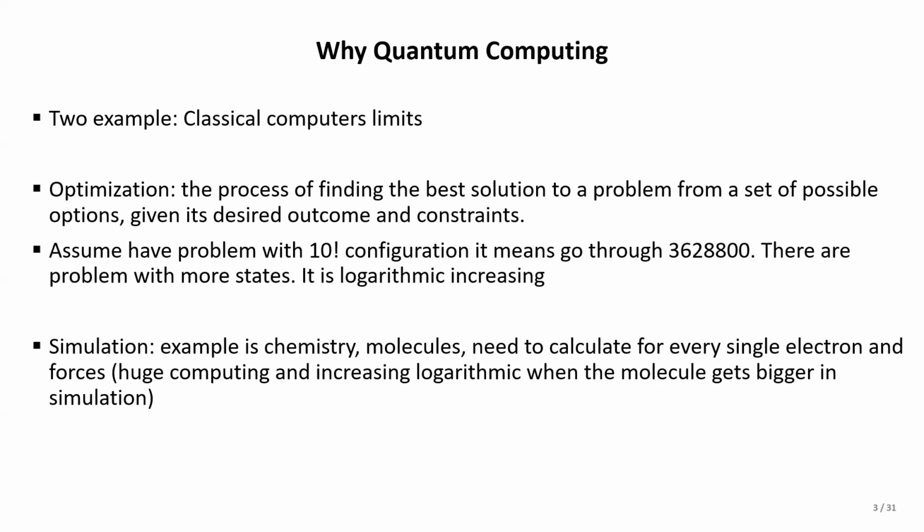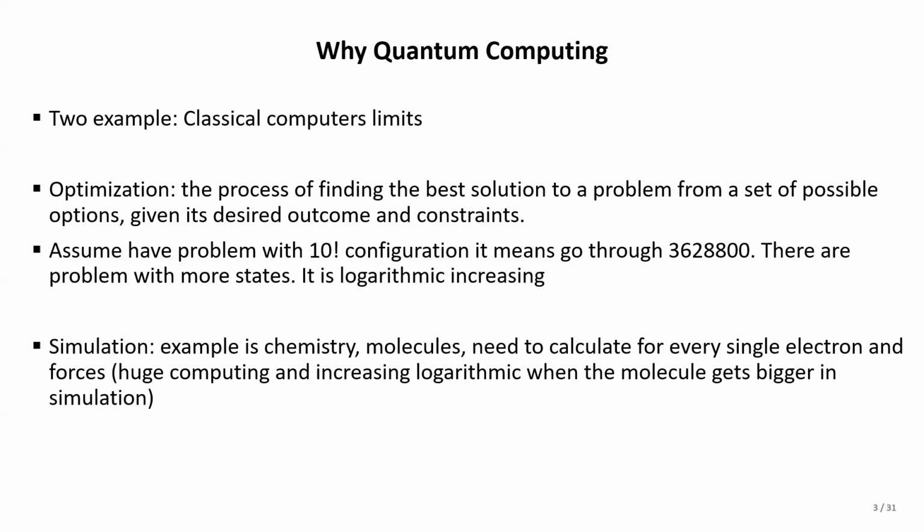The other one is simulation. In some areas, the simulation needs extensive computing. One example is in chemistry, regarding molecules. We need to calculate for every single electron and the forces. You can imagine how many electrons are in a molecule, and we need to calculate the forces between them.